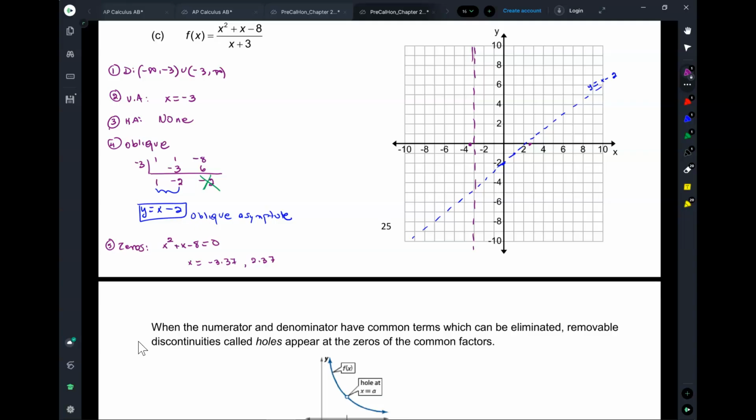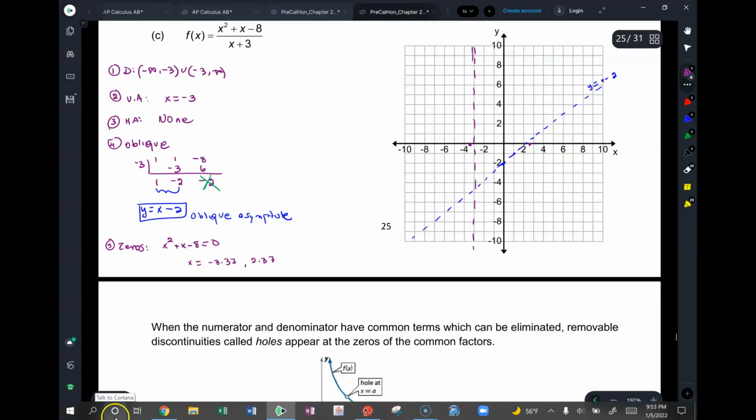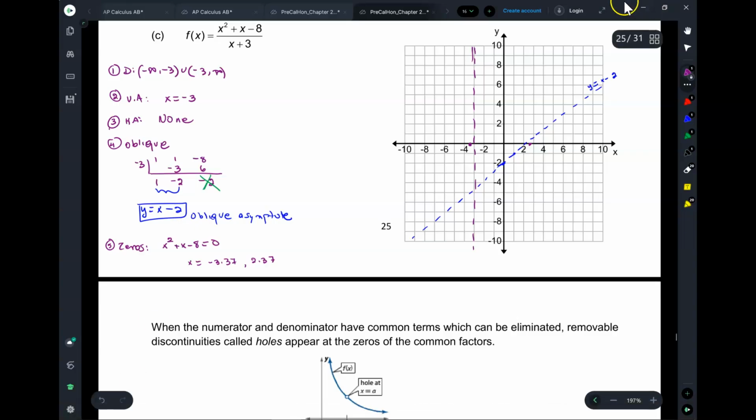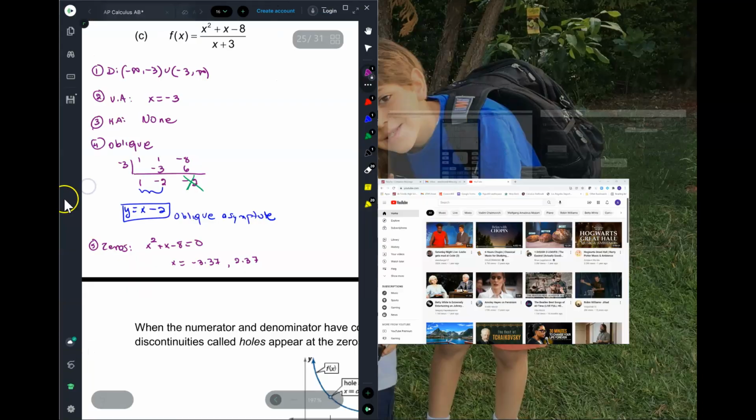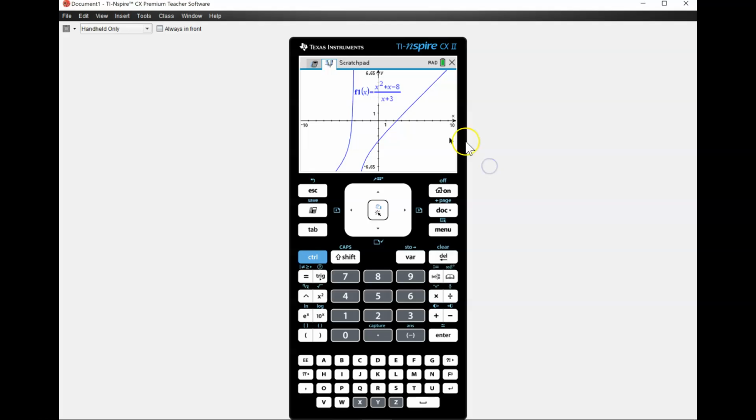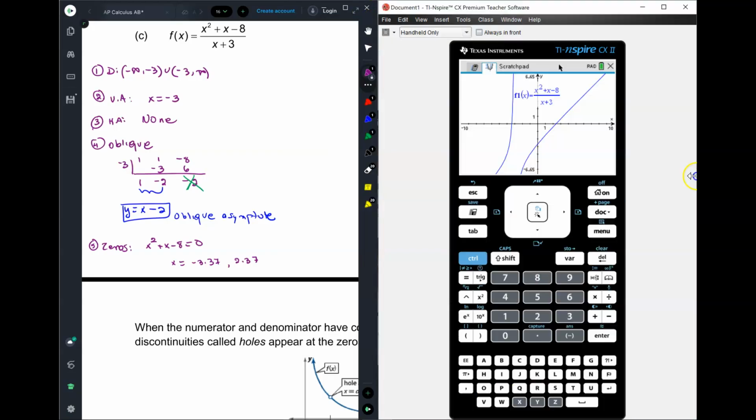All right, so only for the ones with an oblique asymptote will I let you use your graphing calculator just to graph. Everything else that we did here, 1 through 5, you should be able to do by hand. But then just to graph, because it's a little bit harder to visualize, I'll let you use your graphing calculator. So here it is.